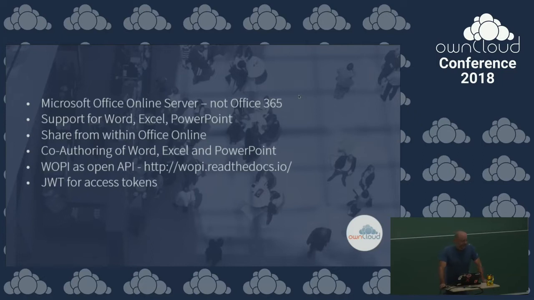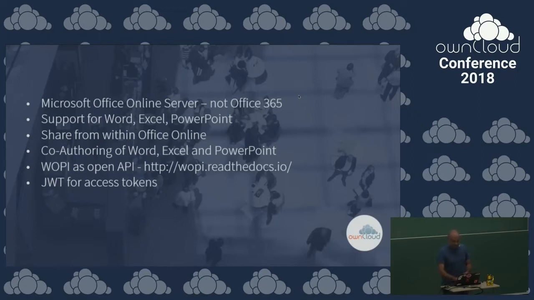So the WOPI interface requires something which is called an access token, which transports information across requests, and therefore we implemented JSON web tokens to get this information spinning around the servers.